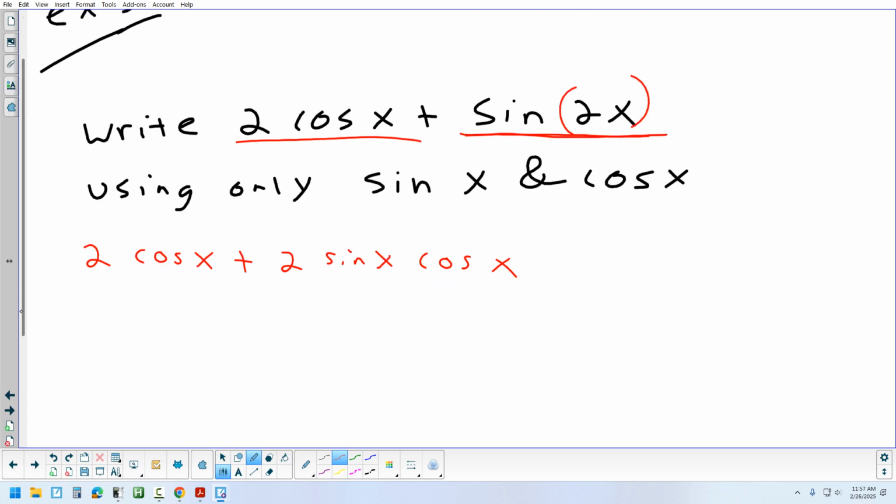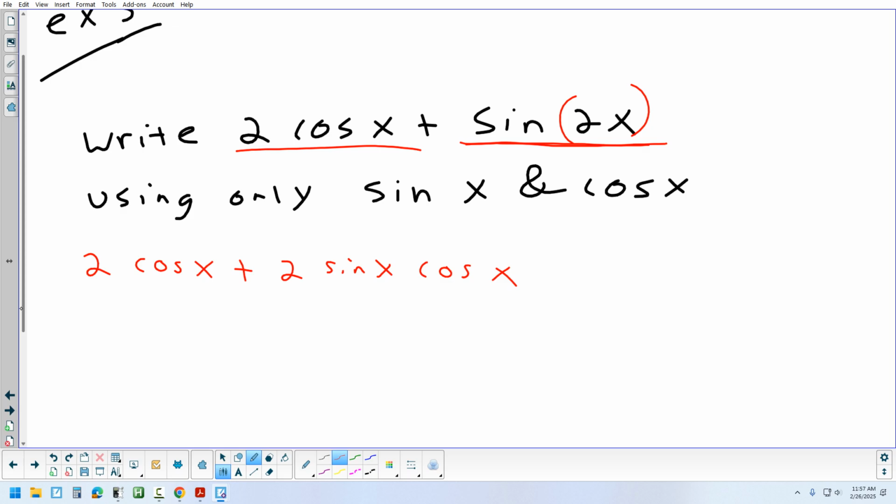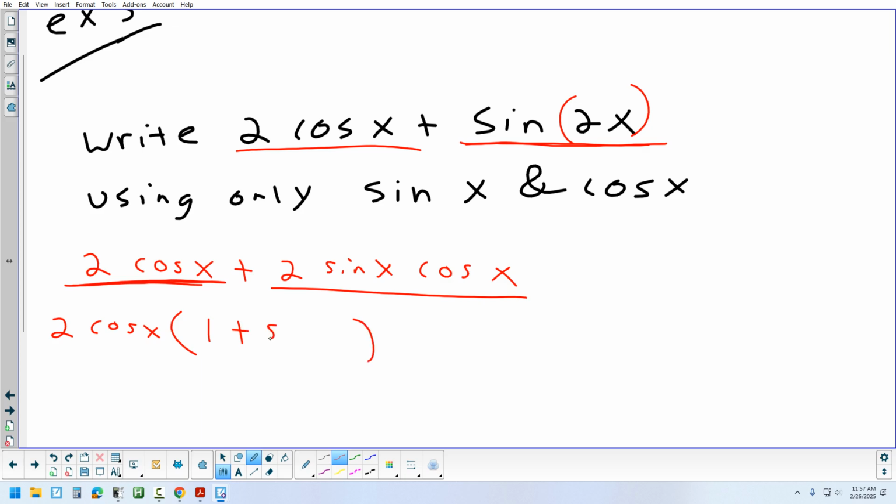But they might ask you to simplify that. And what do both of those have in common? They both have a 2 and a cosine. So you can factor that out. If you factor that out from here, what's left? 1 plus sine. Yeah, 1 plus sine x. Because if you distribute it, you've got to make sure that you would get back what you had.